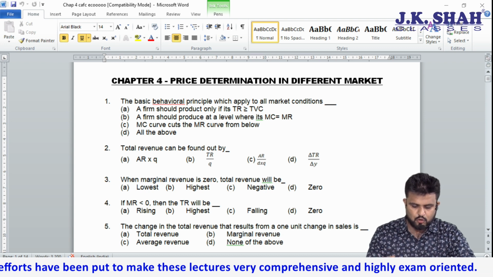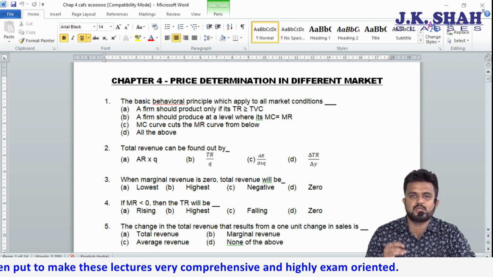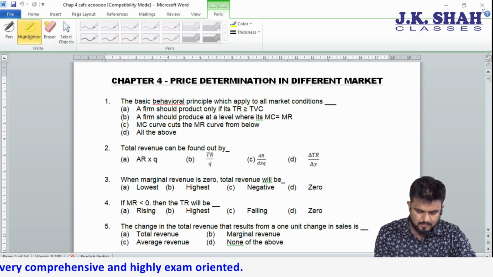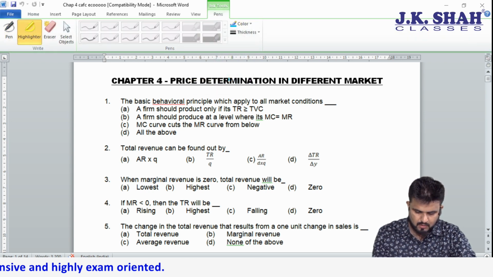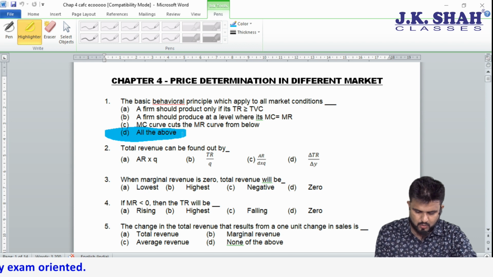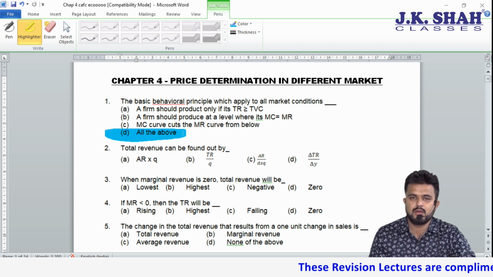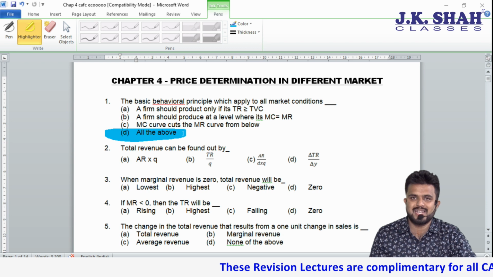Now students, if you observe carefully, all three options are correct. So your correct answer is all of the above. Moving to the next. Total revenue can be found out by. What's the formula for total revenue? Price into quantity.